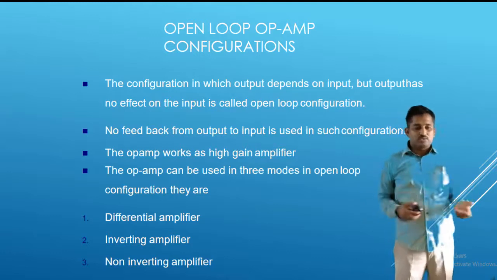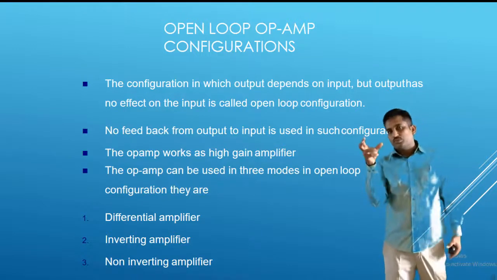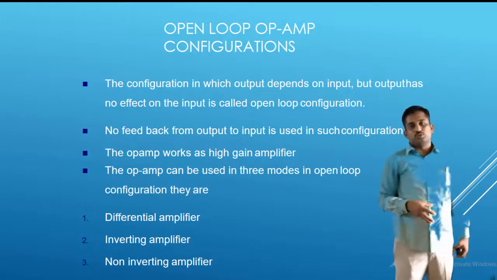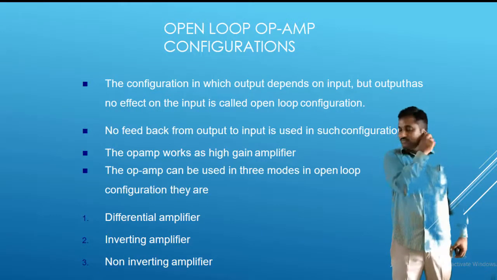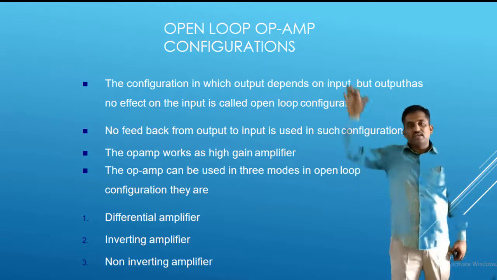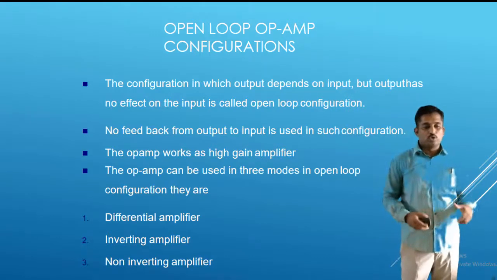Whereas coming to the closed loop operation, part of the output is always fed back to the input. So in this case the gain is not infinite. The gain is reduced when compared with the open loop op-amp.